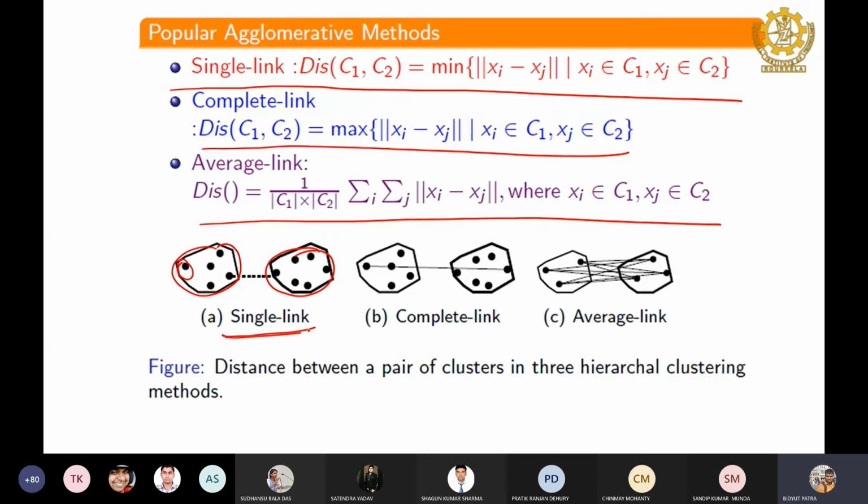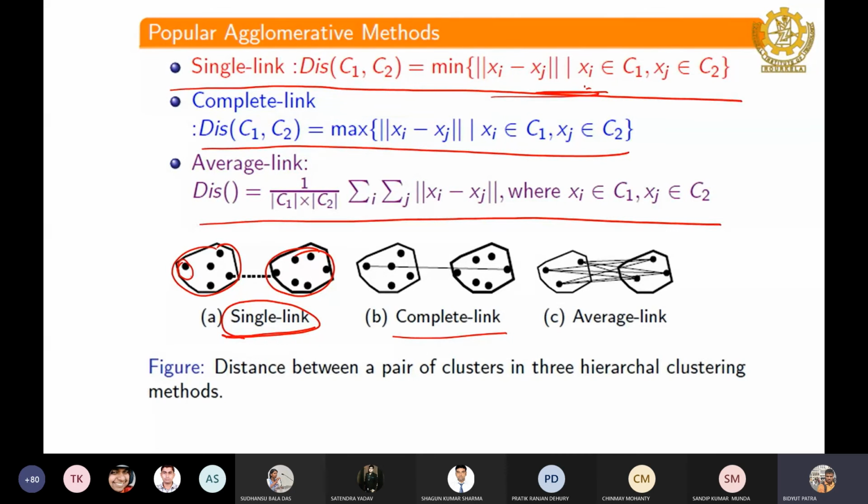That is the single linkage algorithm. More mathematically, it is the minimum of all distances, where each point is taken from a different cluster.